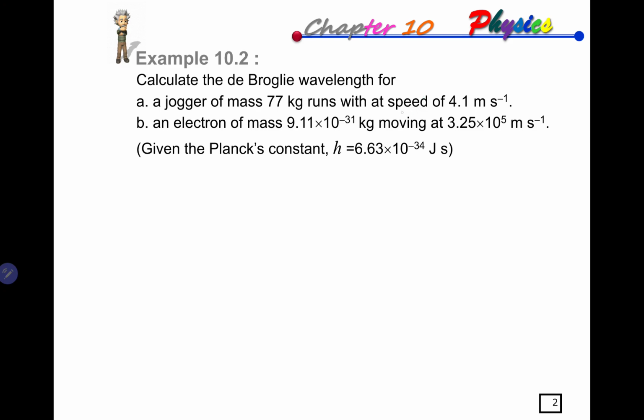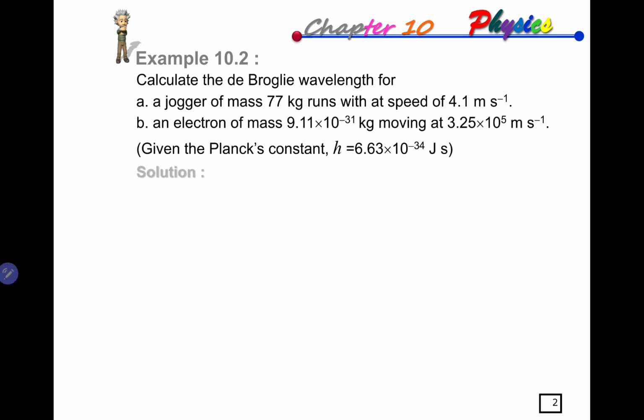In 10.2 we have to calculate the de Broglie wavelength. You have a jogger with a mass of 77 kg who runs with a speed of 4.1 meter per second. And then we have an electron, with its mass given, moving at the velocity given, and the constant h is given.